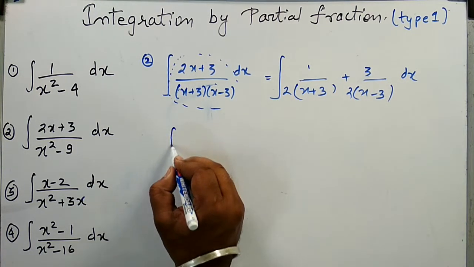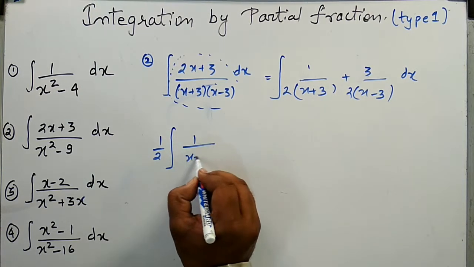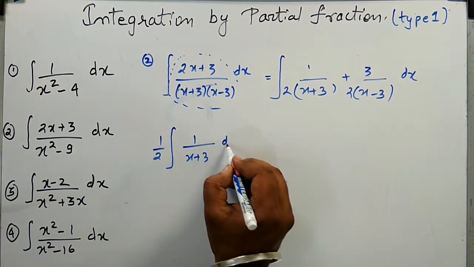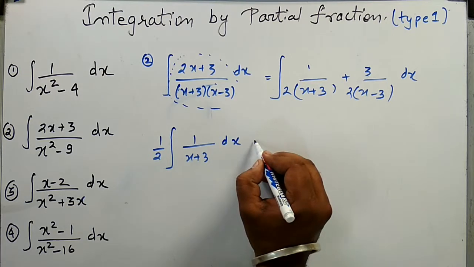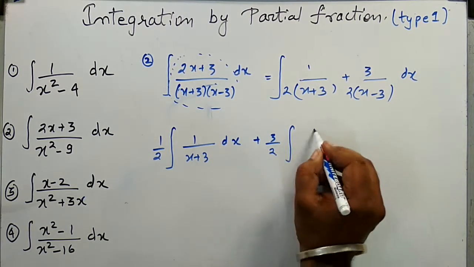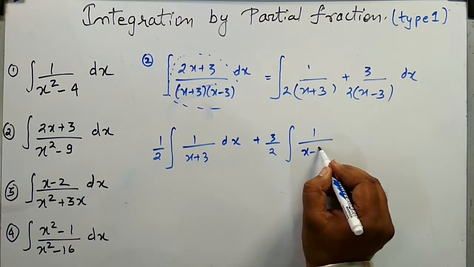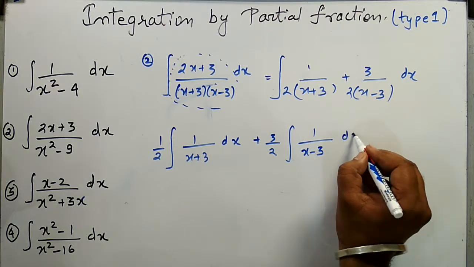Okay, now the integration operator is distributive, so this will be equal to 1 by 2 into integration of 1 by x plus 3 dx plus 3 by 2 integration of 1 by x minus 3 dx.